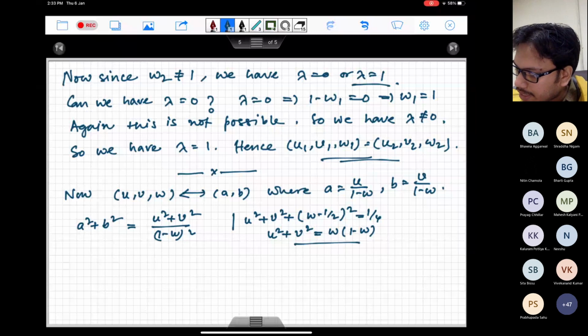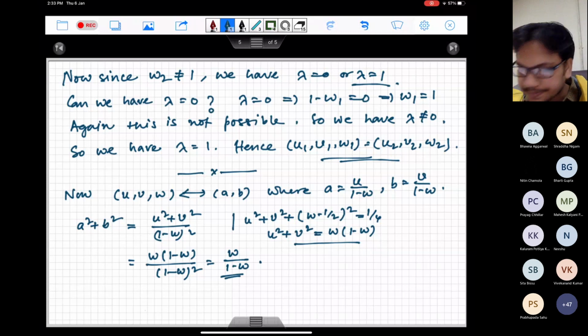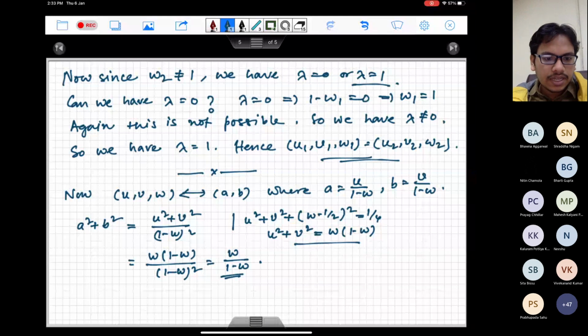Very good. So what is a square plus b square? Let us substitute w into (1 minus w) in the numerator and (1 minus w) square in the denominator. Now w is of course not equal to 1, so I can cancel one of them. So I get w divided by 1 minus w. This is what a square plus b square is. Do we all agree to that?